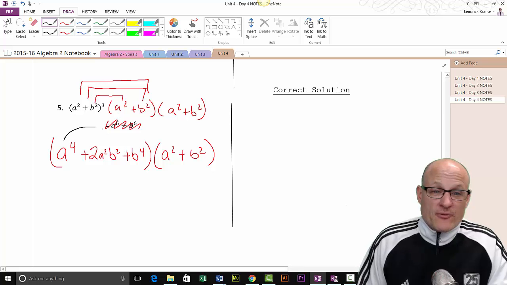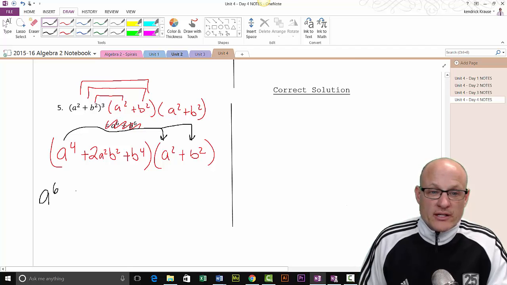So we'll do a to the 4th times a to the 2nd is a to the 6th. And a to the 4th times b squared is a to the 4th b squared. Now we're going to take this one and multiply.